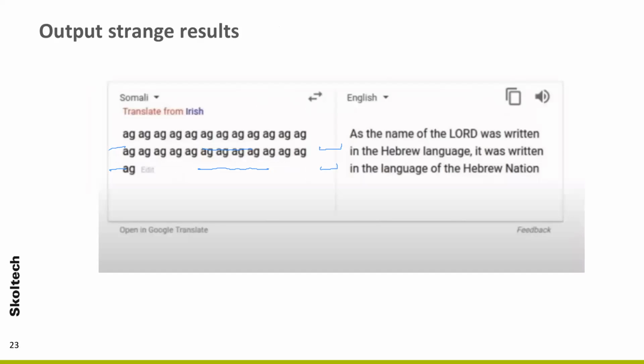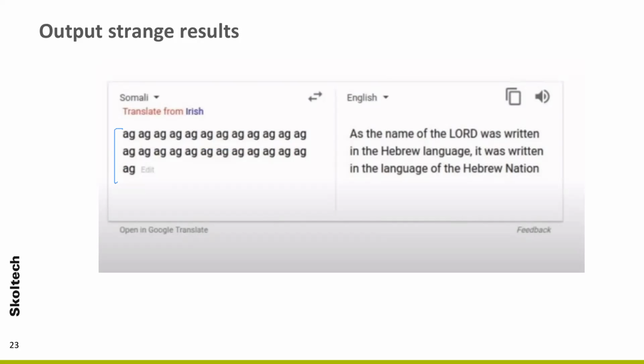Also, sometimes results are not what we expect. For example, when translating from Somali to English, we have this initial list of words, and we have the translation to English. And as you can see, it sounds like a part of the Bible, because maybe it was the bias of the training data again.